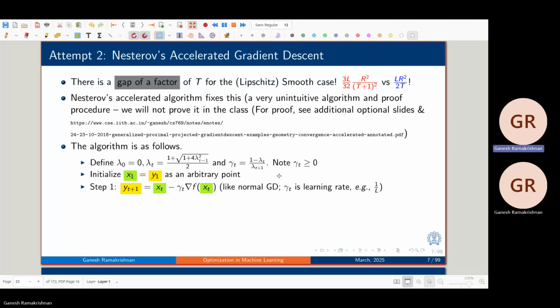And then what is lambda 2? So it's certainly greater than 3 by 2. Gamma 1 is?